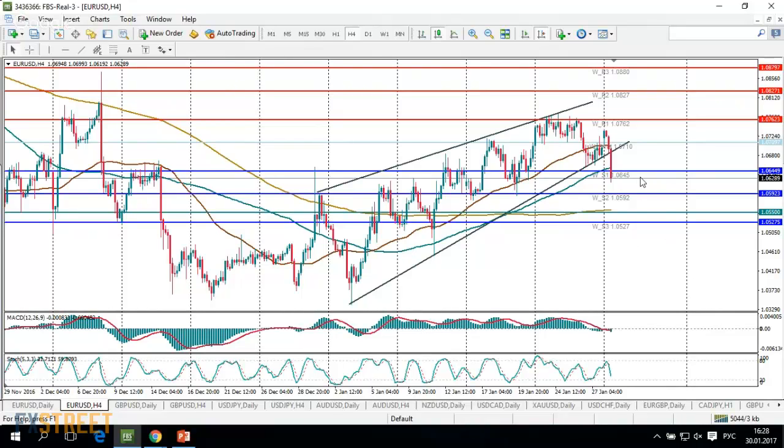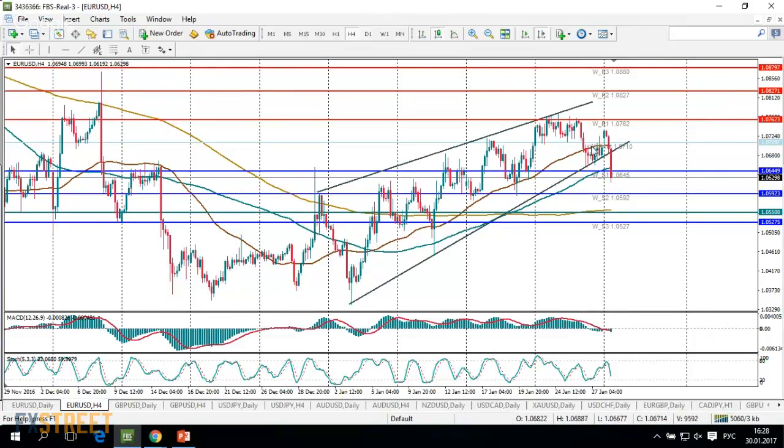If there is some bullish reaction, some retracement of the pair to the upside, there will be resistance in the area of 106.85. This is where the pair breached the support line, and the weekly pivot level at 107.09.